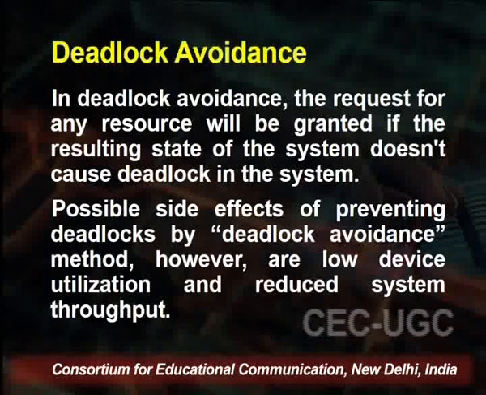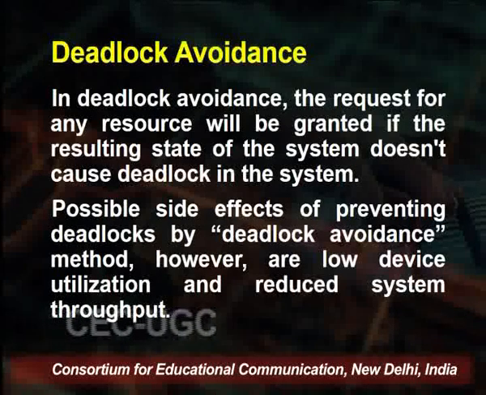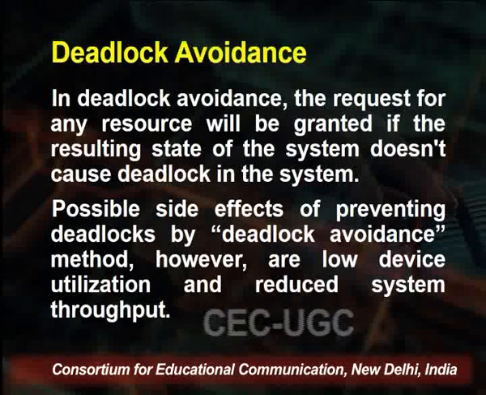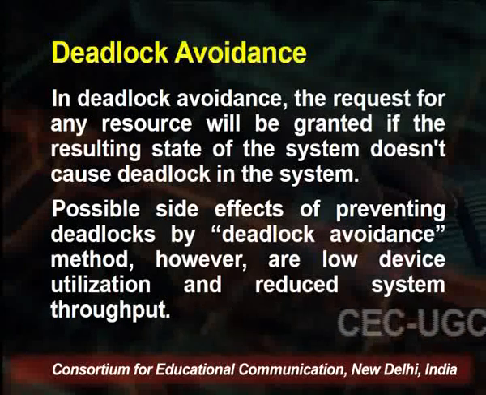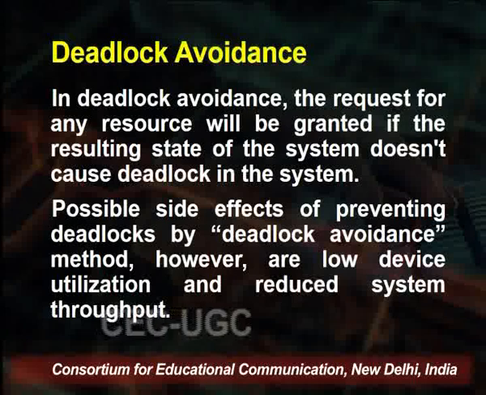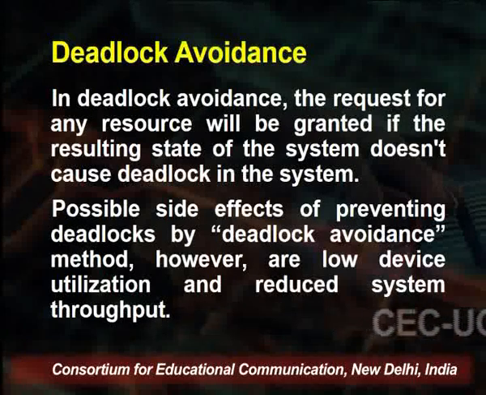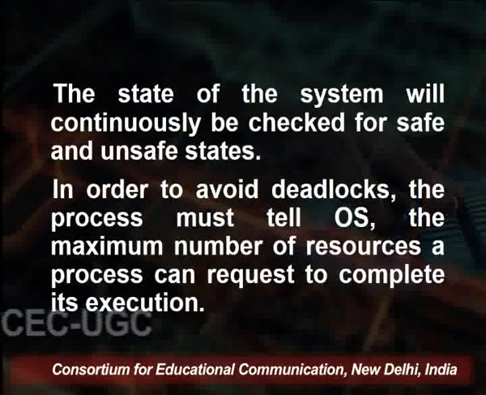These are the 2 possible side effects of this particular mechanism, and I hope you understand that device utilization is low because we are not freely allocating the resources, and when the device utilization is low, obviously the system throughput is going to be affected.